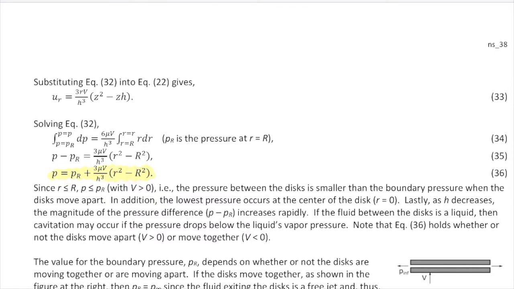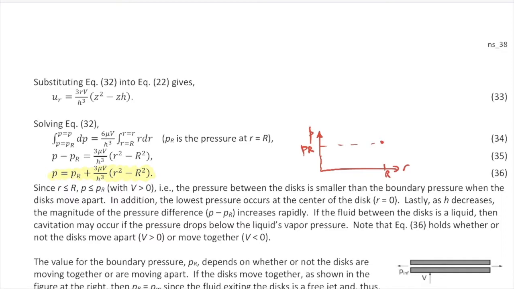If I sketched it out, here's radius, here's capital R. We'll start with some P sub capital R, and then as we move toward the interior, let me just make sure I have that correct. Yeah, it'll be negative.